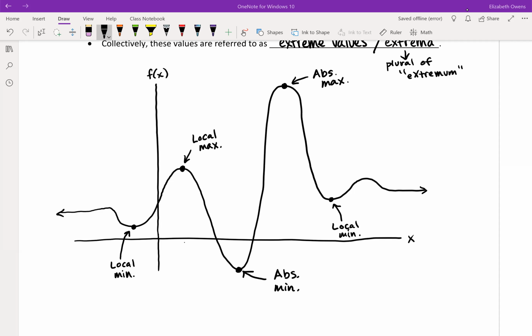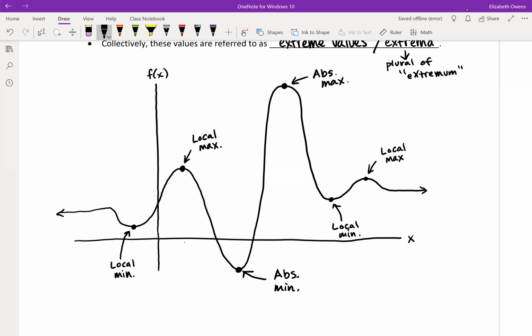But you can have more than one of the local types. And actually, someone just messaged me asking, isn't there one more local max? And yes, there is. That would be right here, at the top of that hill. That would also be a local maximum. So good looking out there. Local max, yeah.